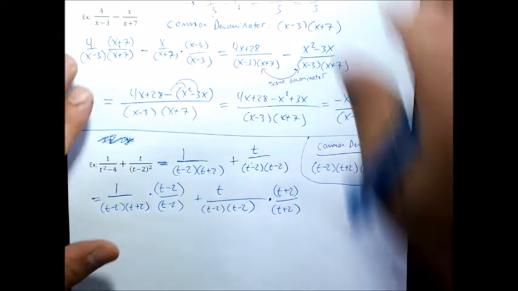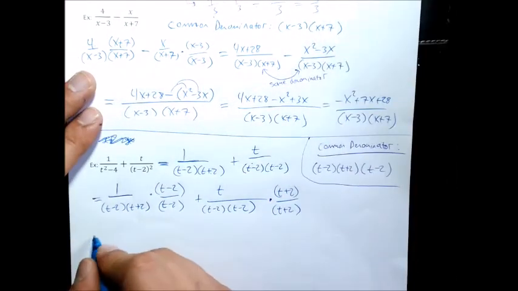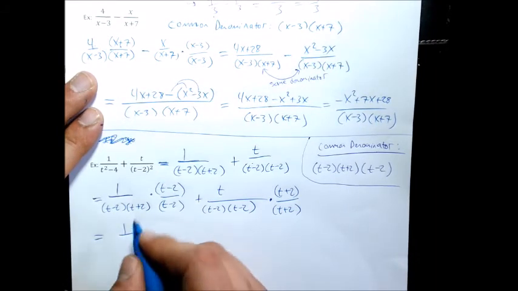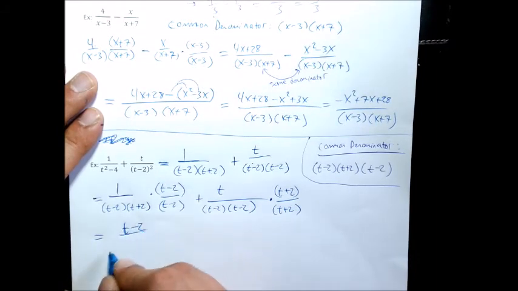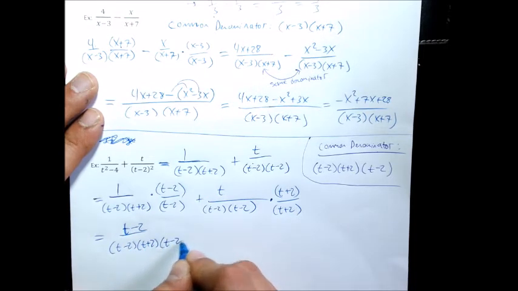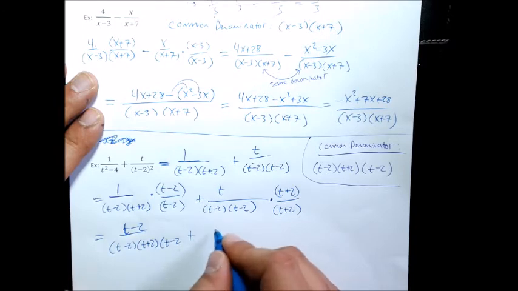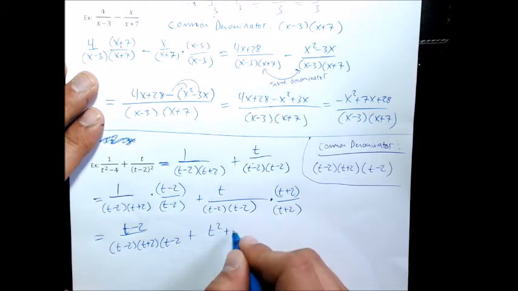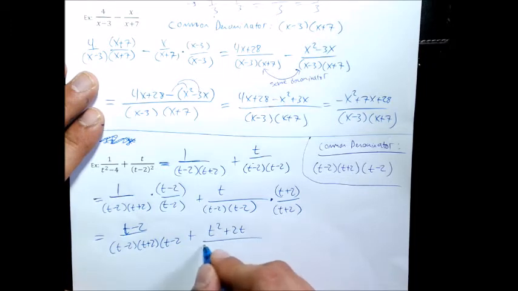So I'm just going to rewrite it in its ready to go form here. We'll get t minus 2 over t minus 2, t plus 2, t minus 2, plus t squared plus 2t over that same denominator.